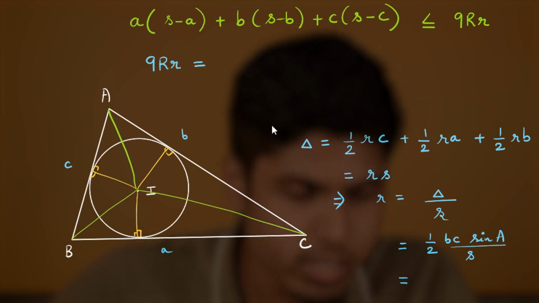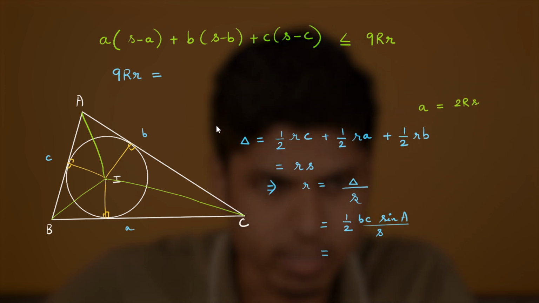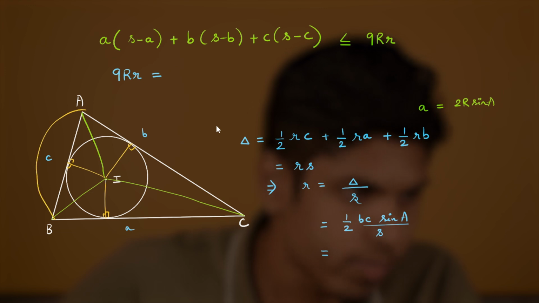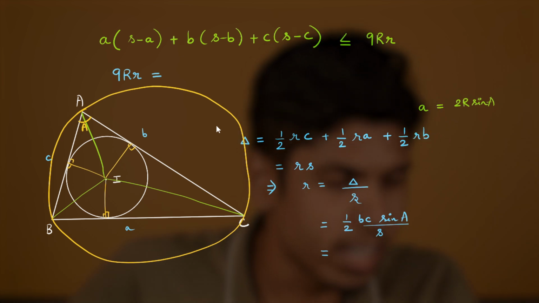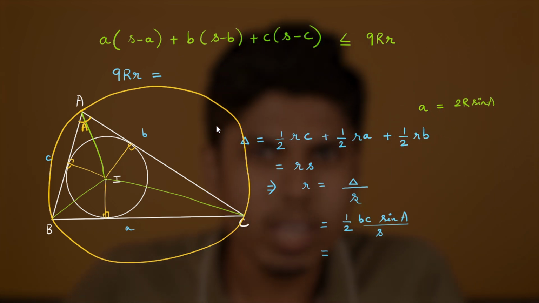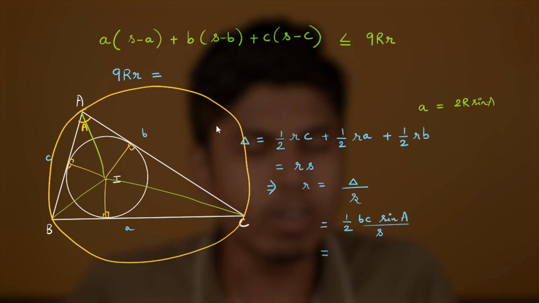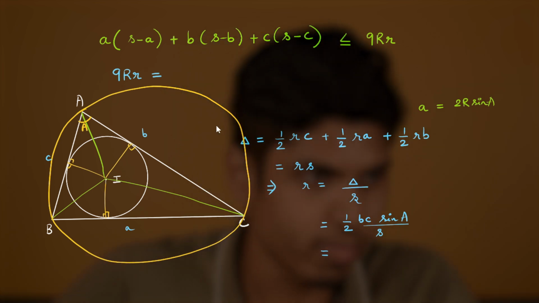We know the sine rule, which states that small a, that is the side BC, equals 2 capital R sine A. This is quite simple to realize because on the circumcircle, we have the angle capital A and the length of BC can be determined by regarding it as a chord on the circumcircle. And we know the length of a chord is just 2R sine of the angle it subtends. So it's 2R sine A.